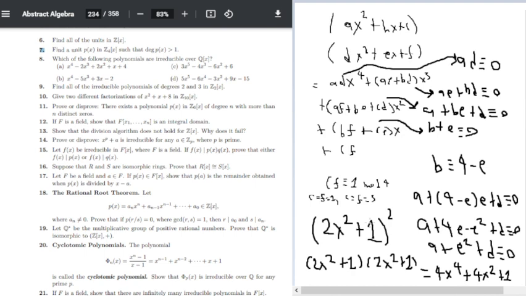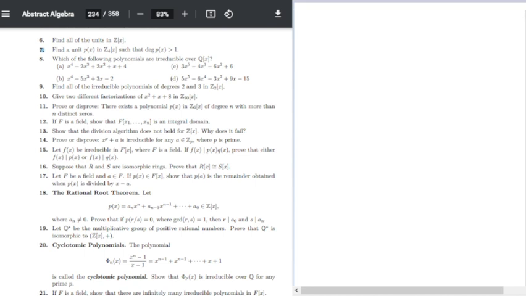Oh, there's probably some binomial coefficient you can do to always make these nilpotent elements. But yeah, that is really cool. Showing that we have a reducible element of degree 2. Sick.